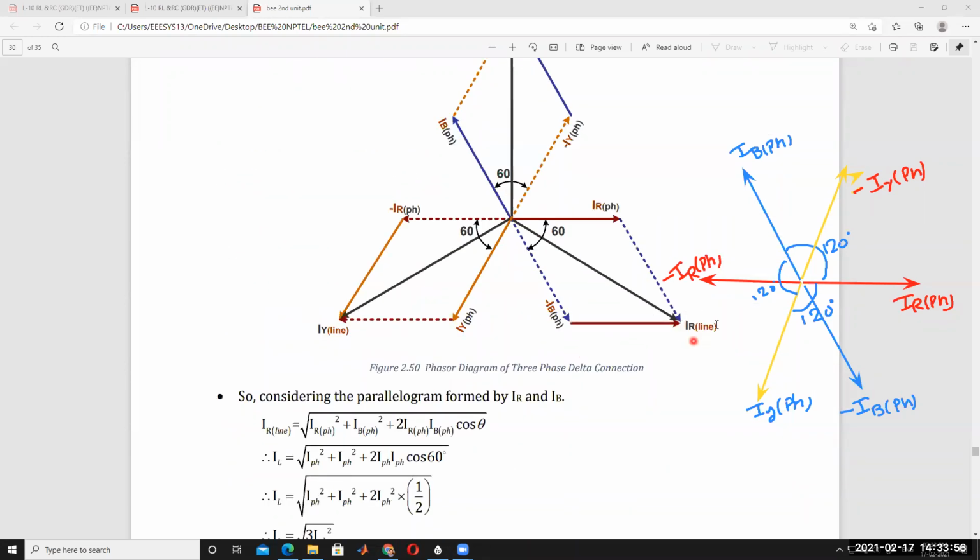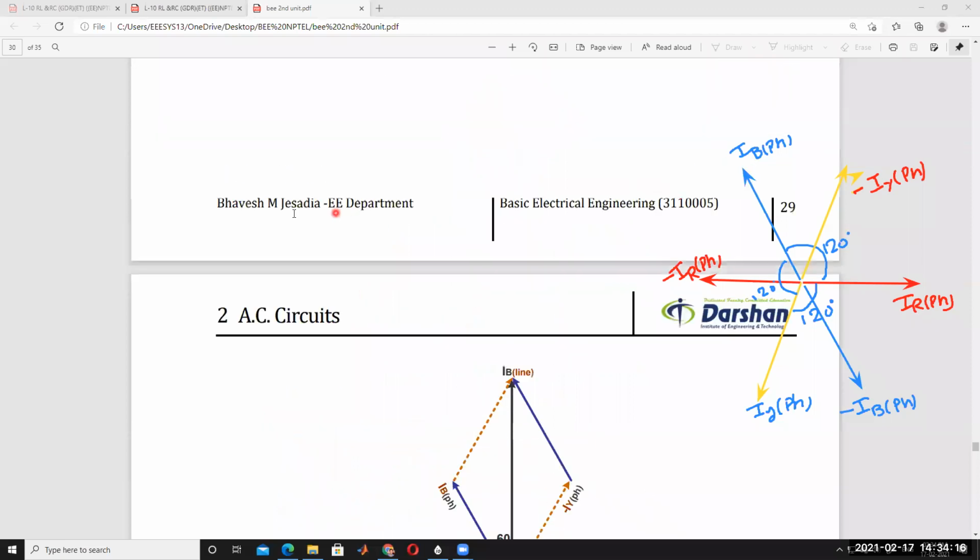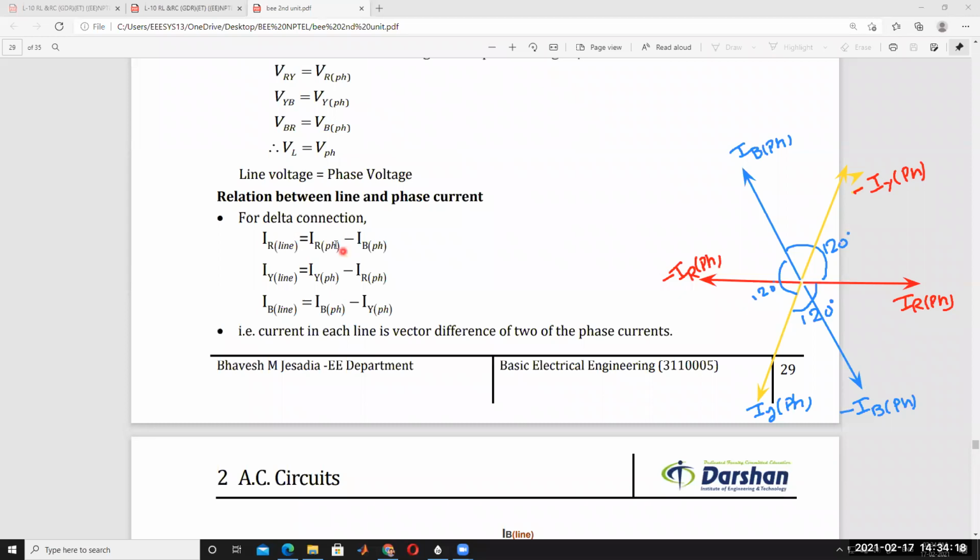This IR line is nothing but the addition of IR phase and minus IB phase. It's clear?